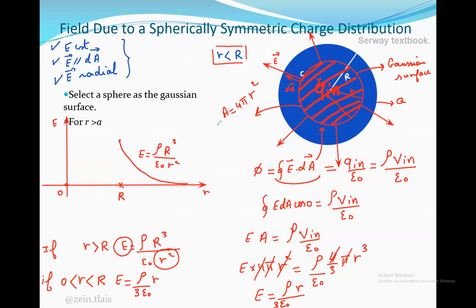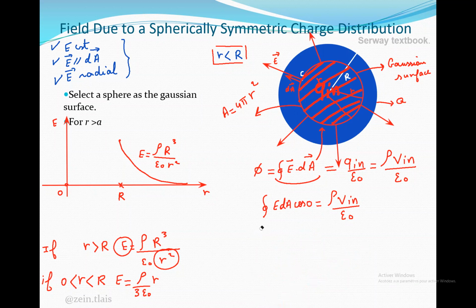As you see here, we can erase these lines. This is a linear relation between E and r.